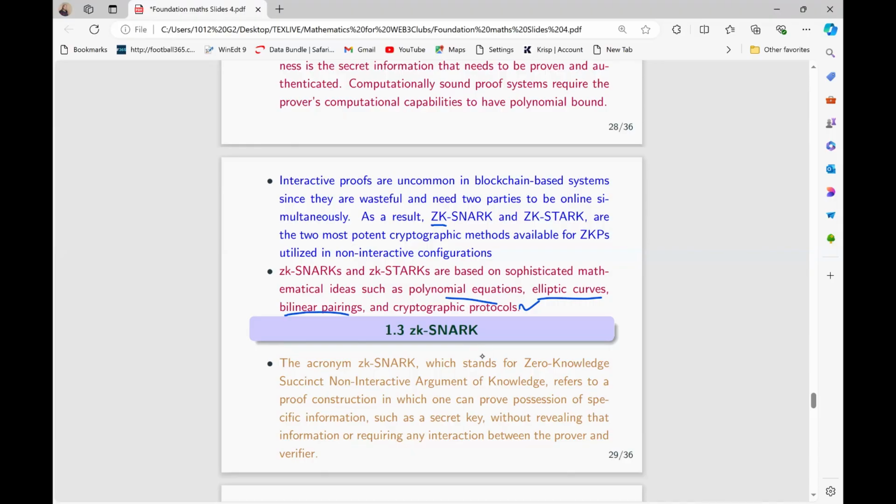But maybe when we reach elliptic curves again, we shall see how the mathematics is involved in this ZK-SNARK and ZK-STARK. There's a lot of mathematics there on the elliptic curves.